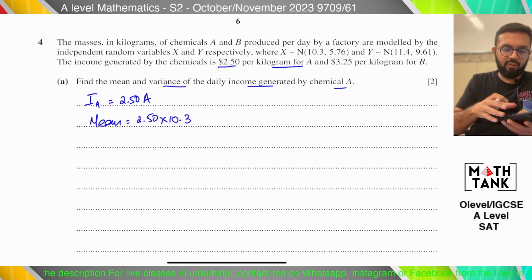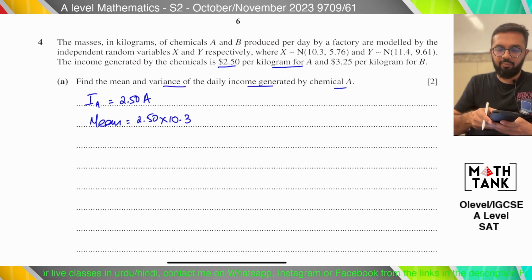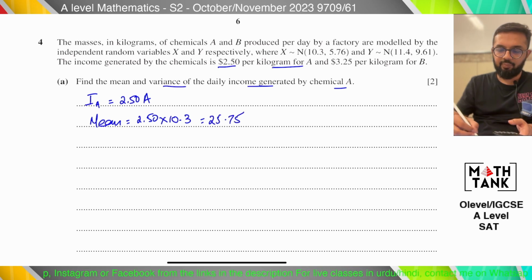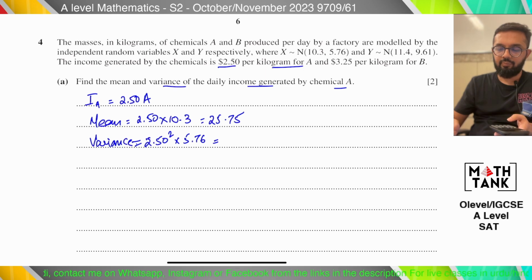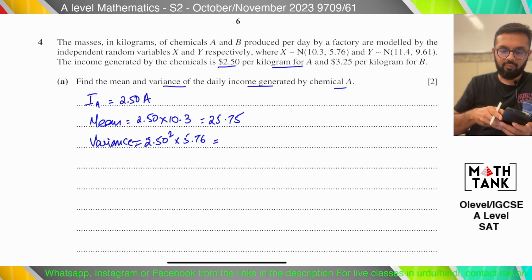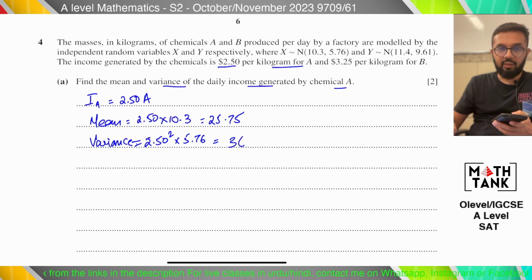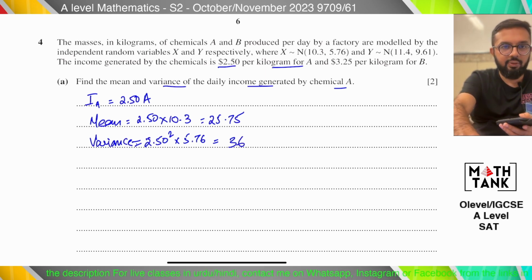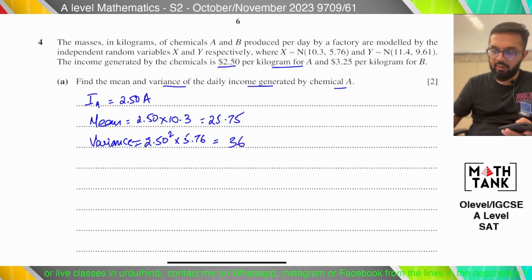That should give me 25.75. And variance is going to be 2.50 squared into 5.76, 36. I think those are the correct numbers. Yeah, those are the correct numbers.